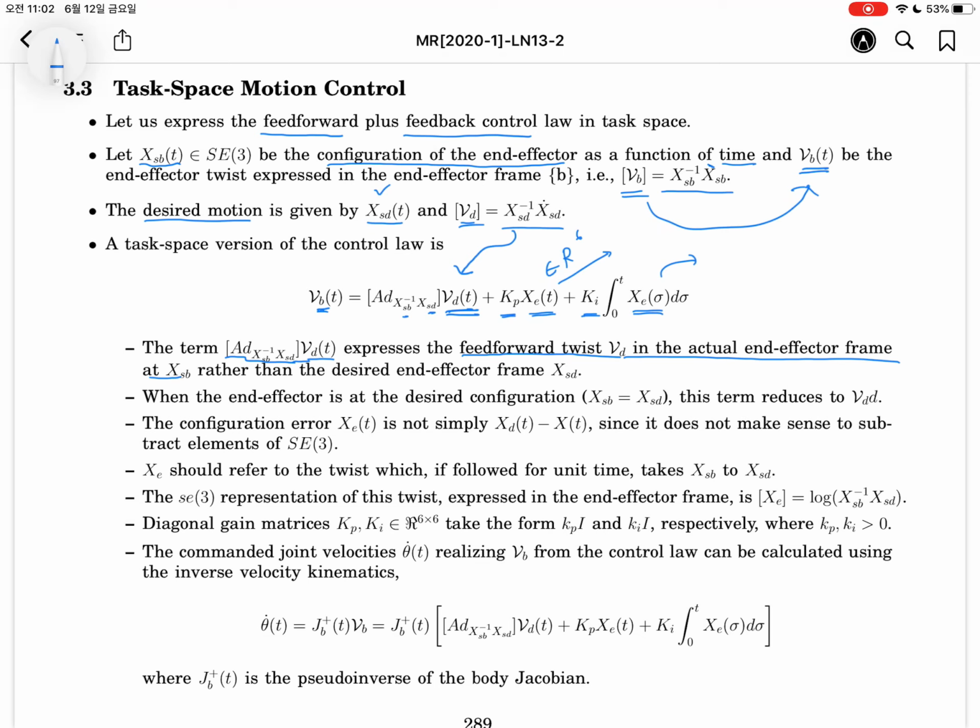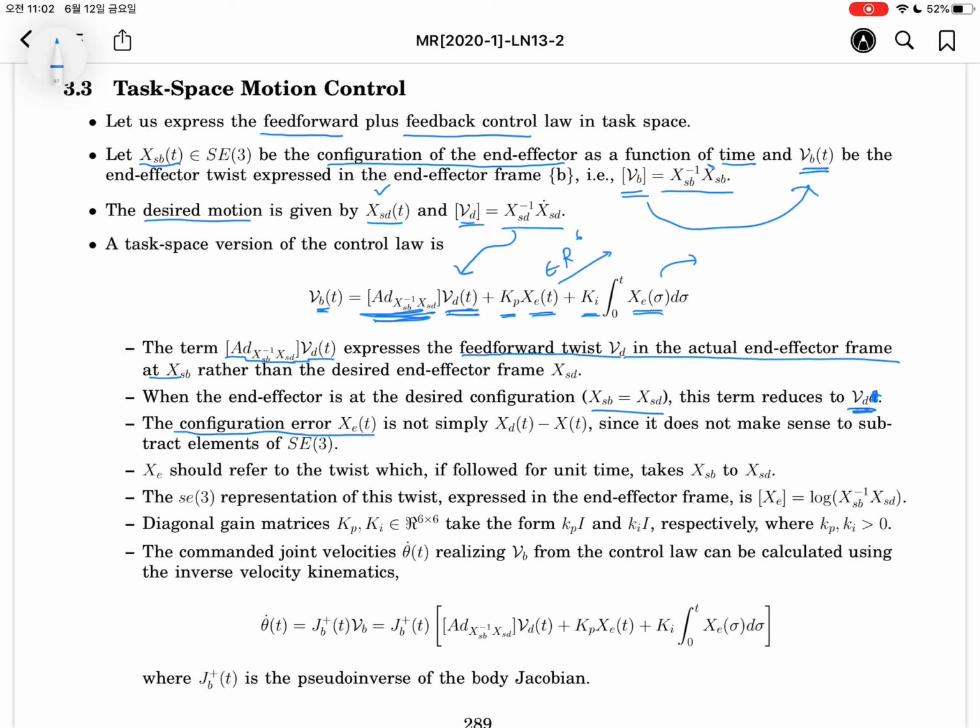So the desired twist will be changed into the body frame, and if you choose the end effector frame as the desired frame, then it will be the identity matrix. So I'm sorry, this is a typo. T should be removed. The desired twist will be equal to the body twist, expressed in the body frame.